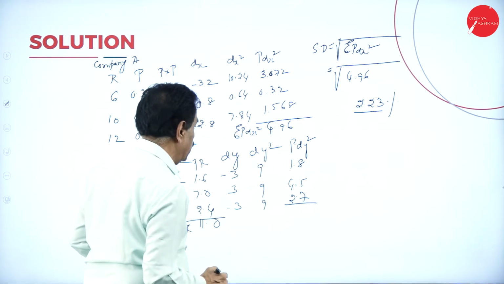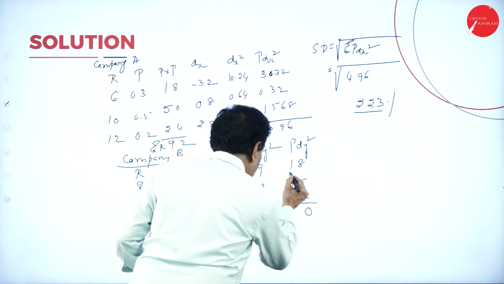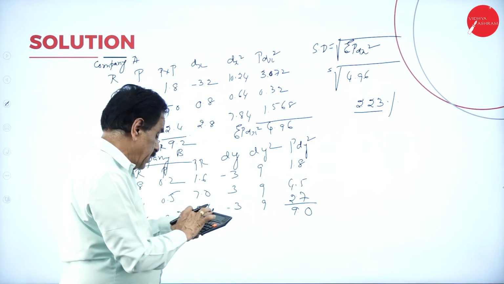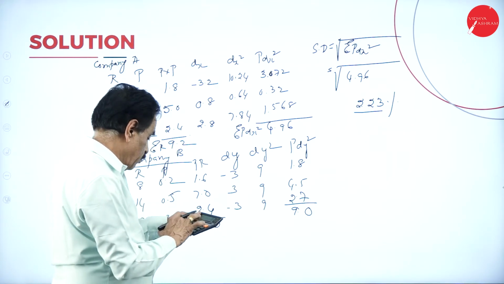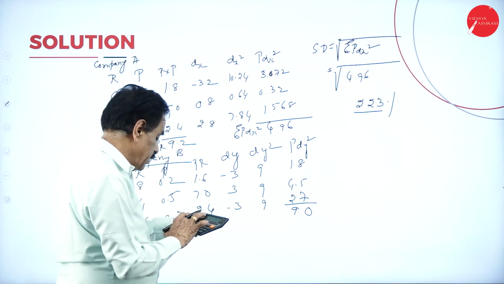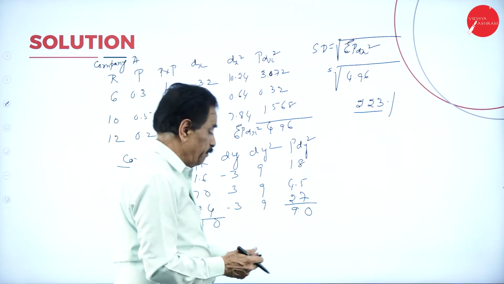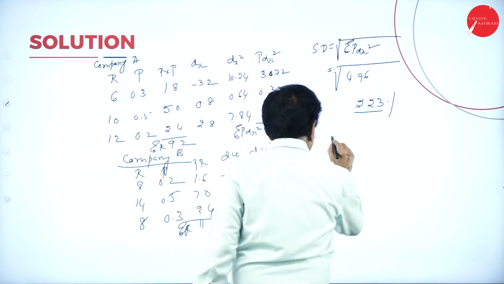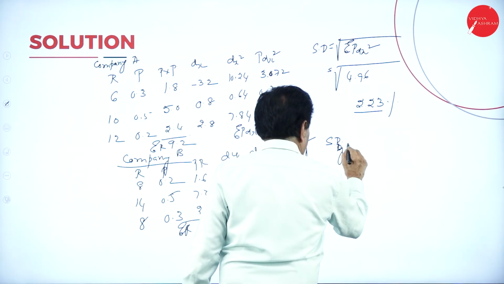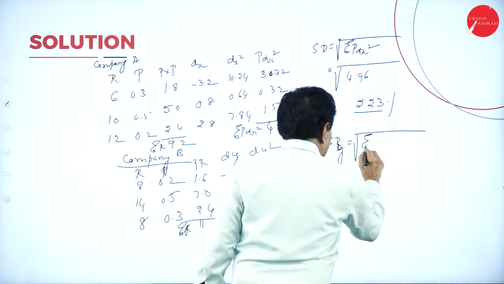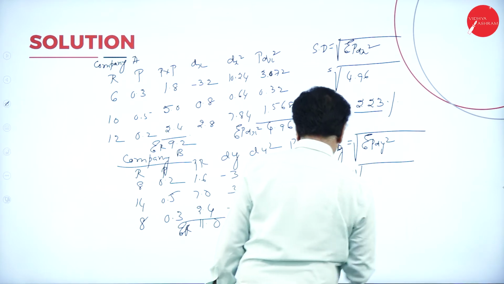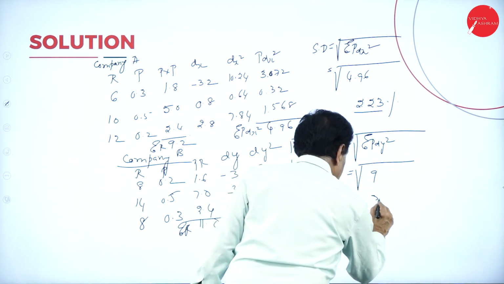Add the figures: 1.8 plus 4.5 plus 2.7 is 9. So the standard deviation of y is the root of sigma p dy square, root of 9, that's equal to 3.